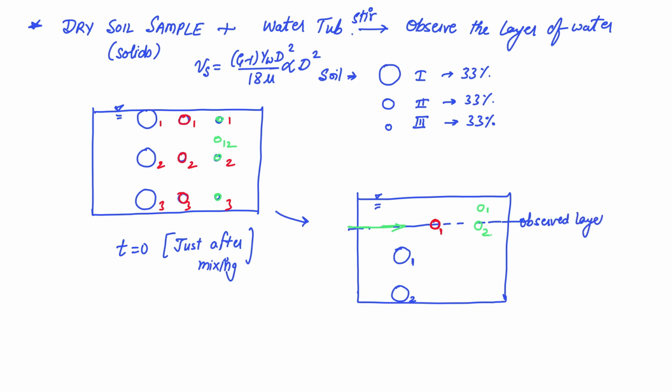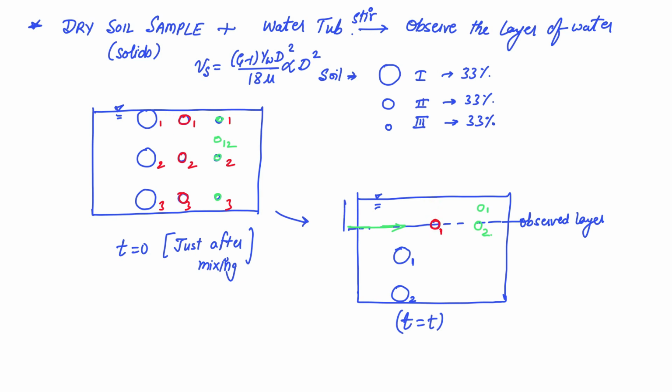And about my observed layer, what I can say is that if the topmost layer particle has reached just now here in some time t, so this is the situation after time t. I can say that the top layer particle of this size has covered a distance equal to this distance.